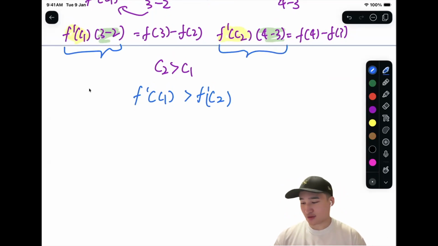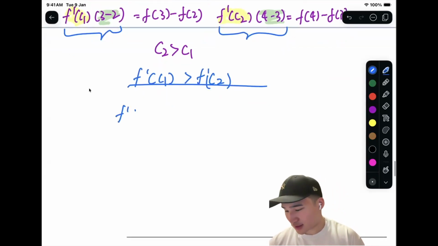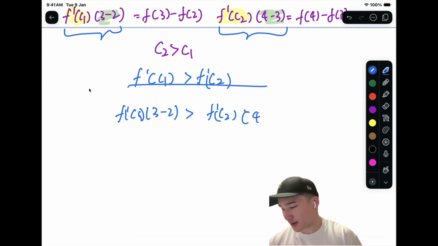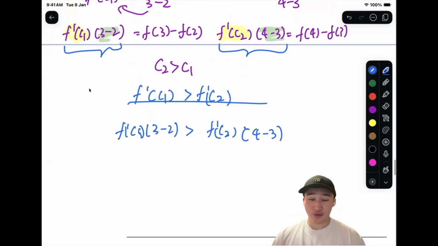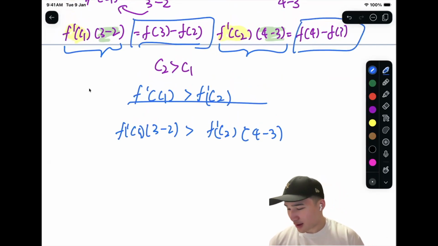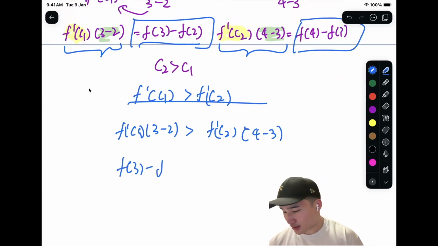So this equation is greater than this equation because of this. F prime C1 times 3 minus 2 is greater than F prime C2 times 4 minus 3. What this means is that F3 minus F2 is greater than F4 minus F3.